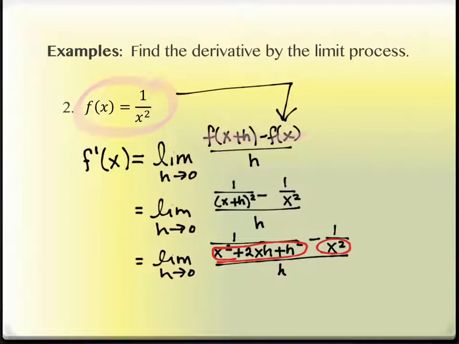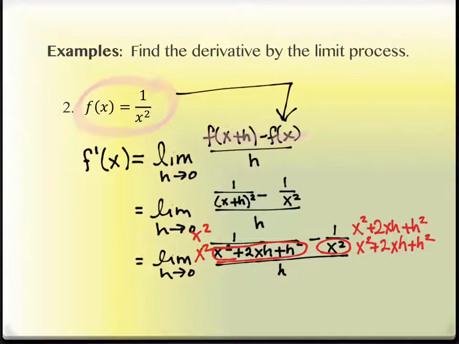So on the first one, I have to multiply by x squared over x squared. And on the second one, I have to multiply by x squared plus 2xh plus h squared. And of course, to fix the denominators, multiplying them means I have to multiply the numerators too.